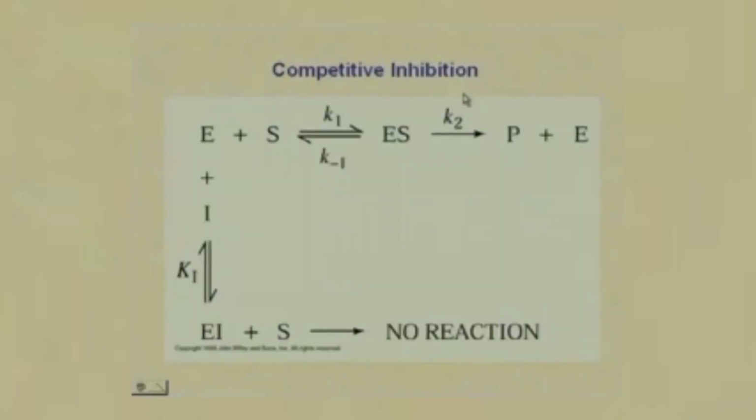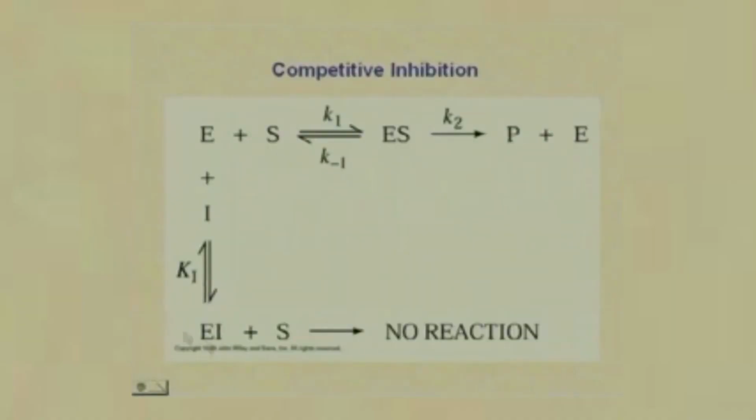Because it has already occupied the site. It's sitting in the same site as the substrate. For example, you are sitting in a chair, somebody else cannot occupy the same chair. As simple as that. The inhibitor is sitting in the enzyme pocket where the substrate is supposed to be. That's exactly why it's acting as an inhibitor.